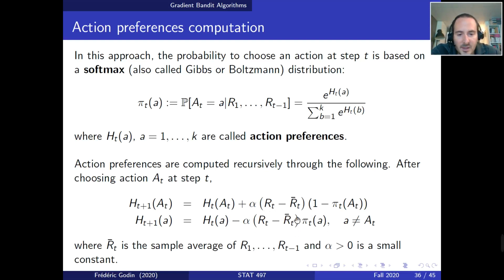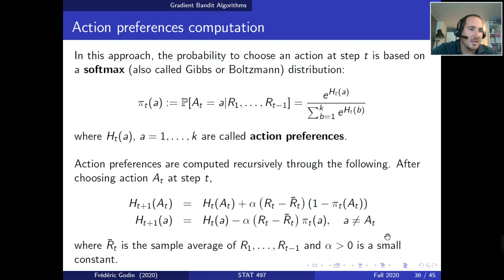So this whole term will be positive, and when we add the minus sign, the term becomes negative, and the preference will be reduced. So for all actions not selected, if you obtain a reward higher than the average at play t, then the preference for all other actions not sampled will be reduced. Conversely, if you obtain a lower reward than the average one, the preference for all actions you've not sampled will be increased. So this is the intuition behind this formula.